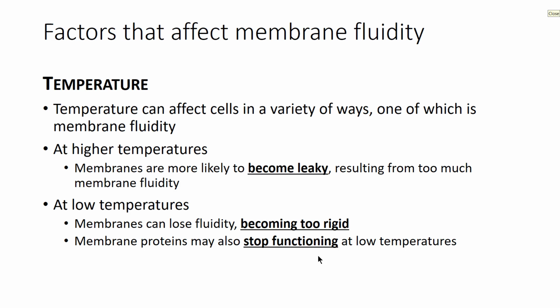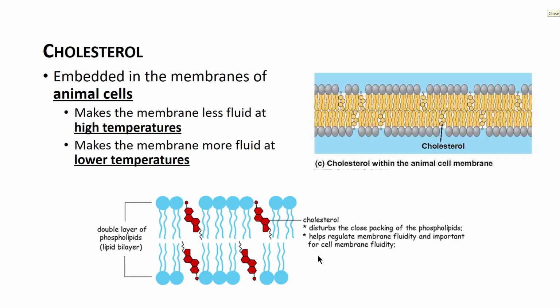Bring back cholesterol here. This is one of the things that cholesterol does. Not only, as I mentioned, does it help glue the membrane together, but it also helps resist those temperature changes. As the temperature goes up, cholesterol acts like a buffer to resist that leakiness that will come along at some point.